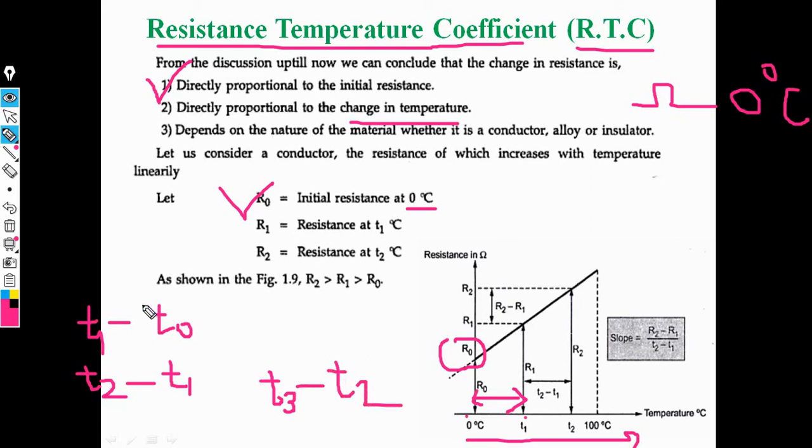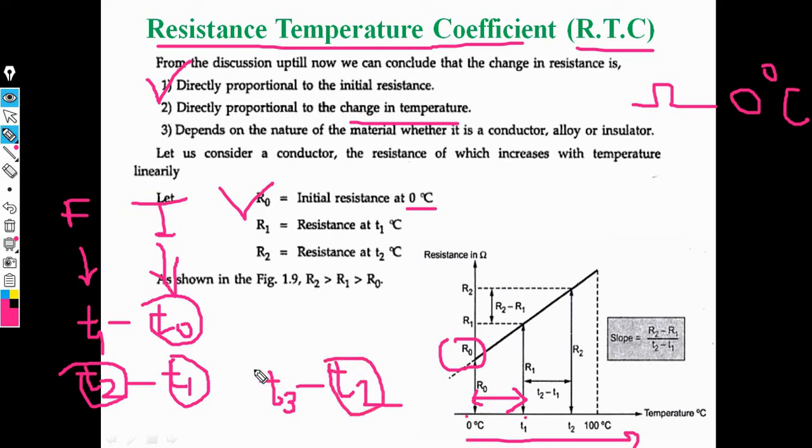Now here 0 degree is the initial temperature, and T1 is called the final temperature. Again T1 is the initial temperature, T2 is the final temperature. Then T2 is the initial temperature, T3 is the final temperature. And this can be obtained with the help of characteristics of RTC, that is resistance temperature coefficient.